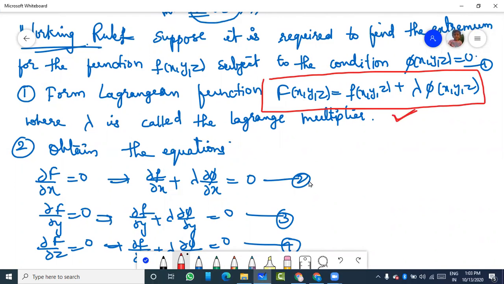From this function, we differentiate partially with respect to x, y, z and get 3 equations. From these 3 equations, we get the values of x, y, z. Substituting those values in the function gives the extremum. The point is called the stationary point. Here we get only one point, and at that point the function has an extremum.